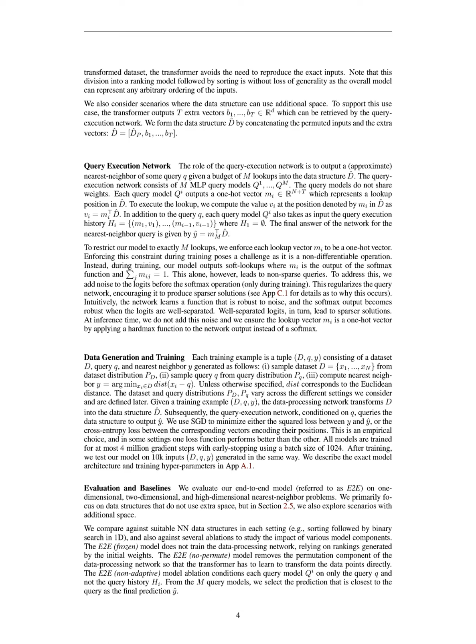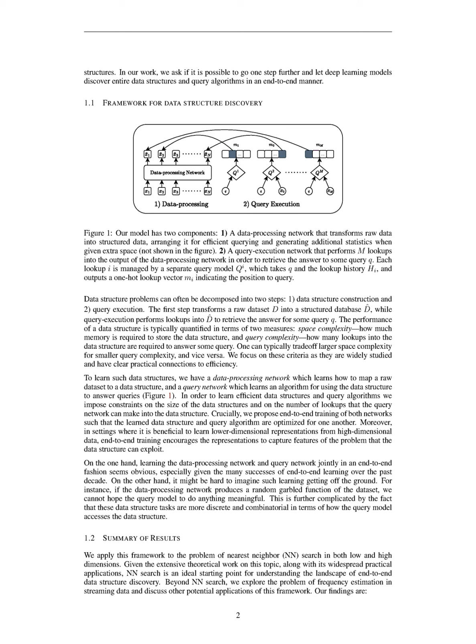The model computes the value at the lookup position and uses the query execution history to inform subsequent lookups, ultimately outputting the nearest neighbor prediction, HAT-Y, based on the retrieved values. This end-to-end training ensures that both networks are optimized for their respective tasks, allowing for efficient data structure discovery.